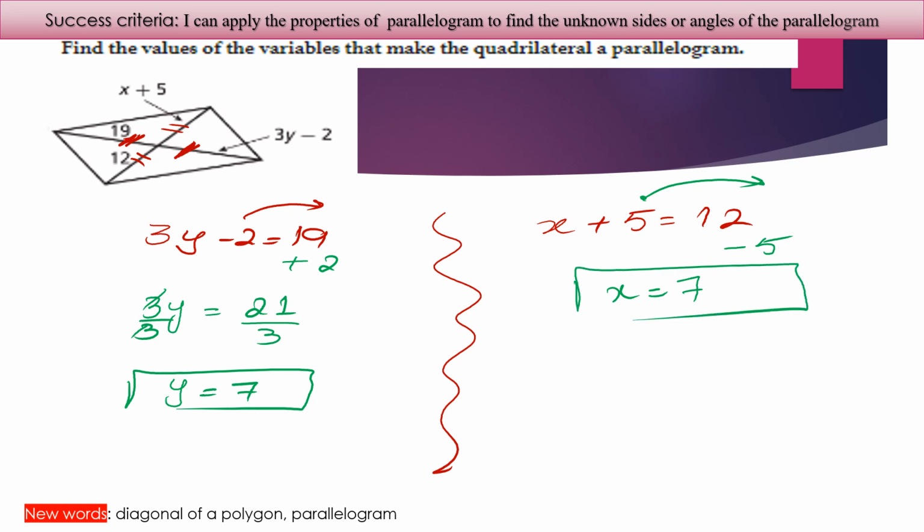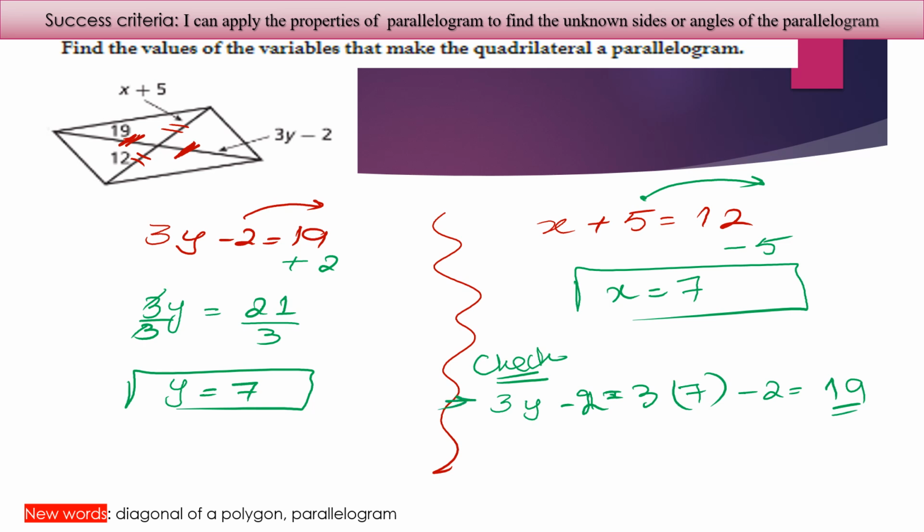Now, if you want to check your working, let's make it 3y minus 2. So in place of y write down the 7, minus 2. If you write in the calculator, 21 minus 2 gives me 19.